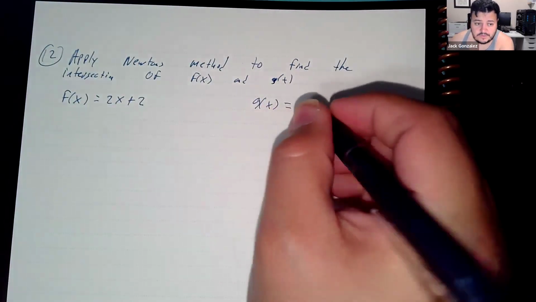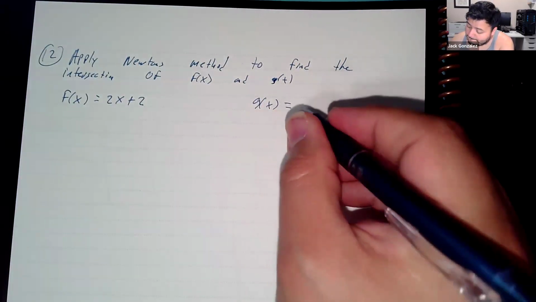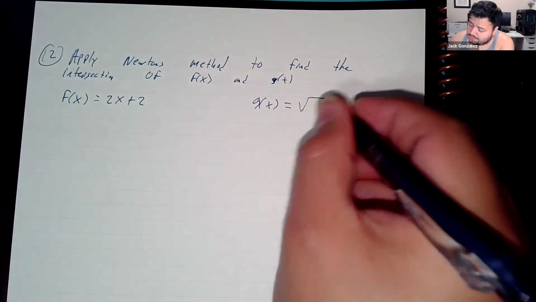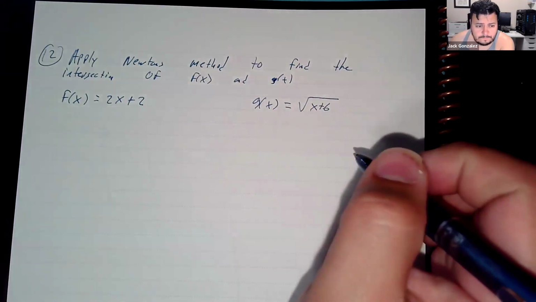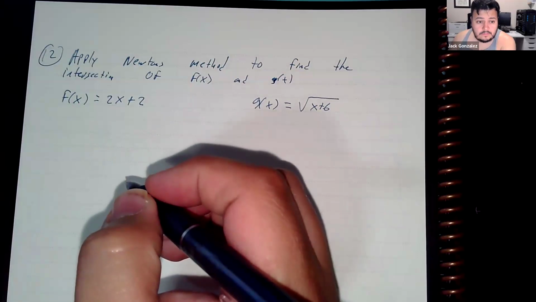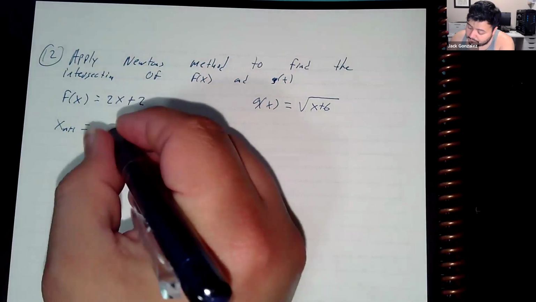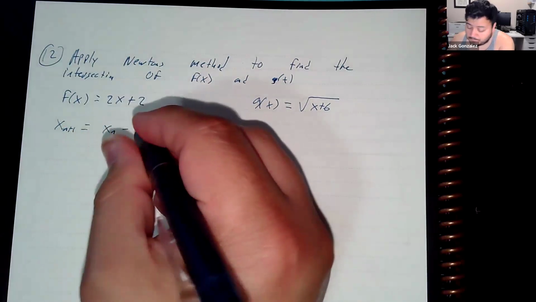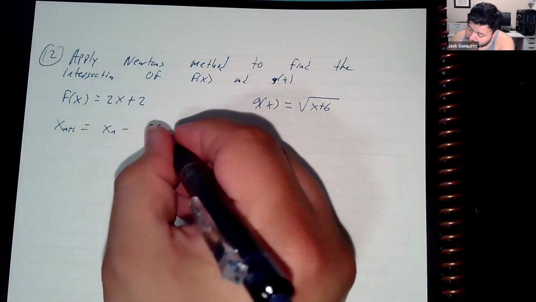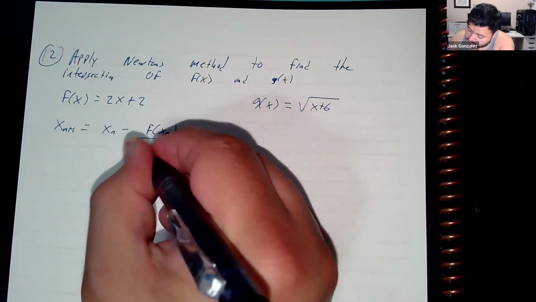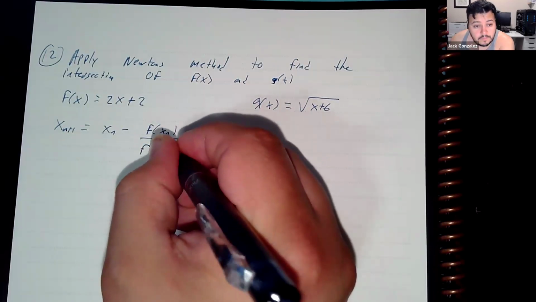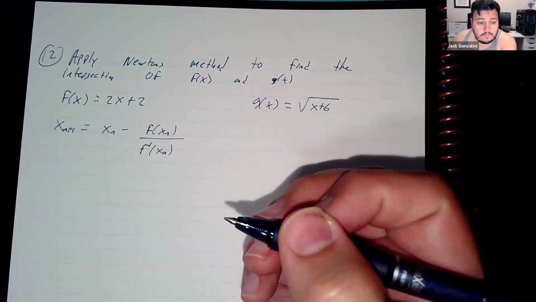So to find intersections, all you gotta do is set them equal to each other. I think the book calls it h, but call it whatever you want. So what we're gonna do is use this formula once we have h. The function at xn over the derivative at xn.